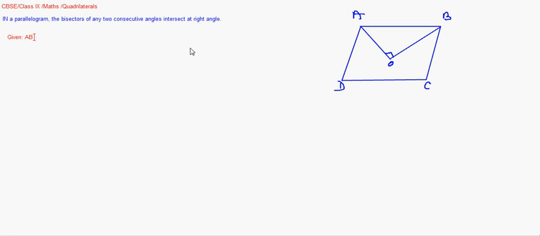We are given that ABCD is a parallelogram, I'm using the short form of writing a parallelogram, and AO and BO are bisectors of angle A and angle B respectively. To prove, we say angle AOB to be 90 degrees.